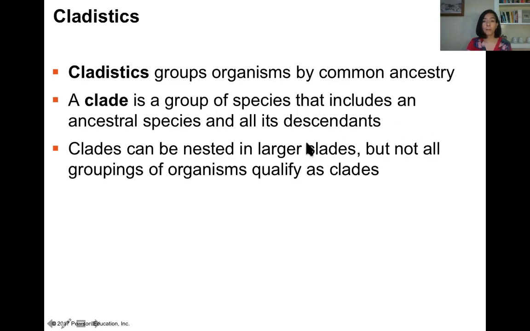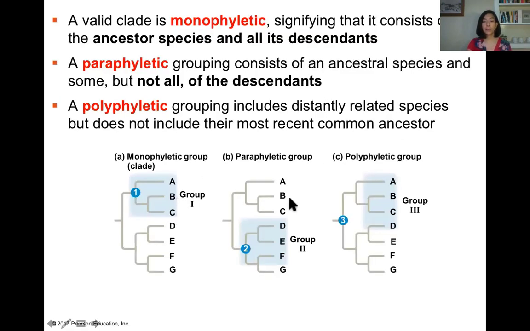So we want to have these clades defining our hypothesis of a group. Now, we are going to have three possible types of clades, and the one that I really want to emphasize is the monophyletic group. That's the natural group, and when we see that in a phylogeny, we are happy. A monophyletic group is the one that has the ancestor with all of the descendants. I have these three phylogenies here.